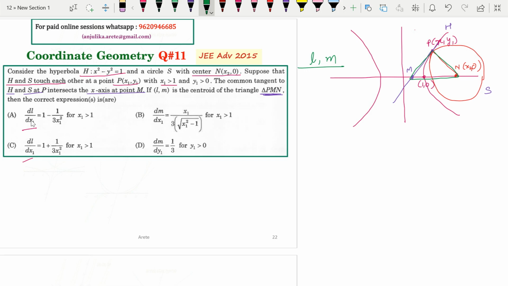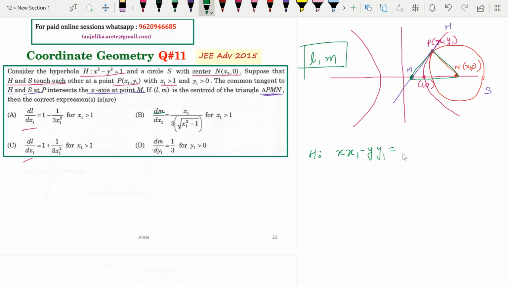Now, you see that they are trying to find the derivative of L and M in all four options. So get L and M in terms of x1. Once you do that, you can find the derivative. So, what is the coordinate of M? Write the equation of the tangent to the hyperbola H at point P. It looks like x x1 minus y y1 is equal to 1.